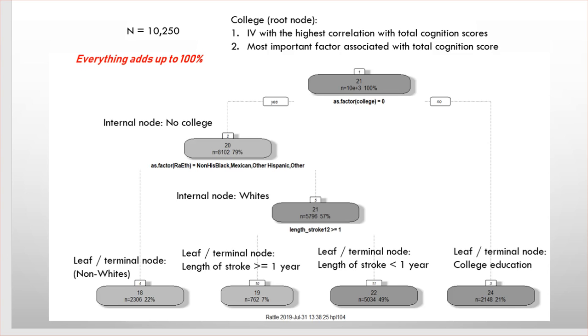So in this example, college education occupies the root node. Having a college degree or not is the independent variable with the highest correlation with total cognition score. Put in a different way, college education is the most important variable associated with total cognition score.